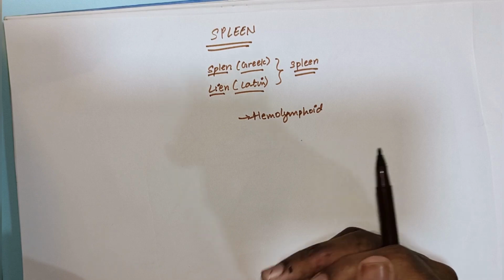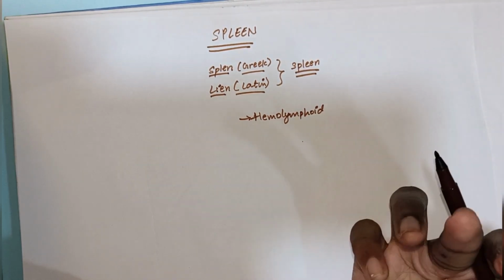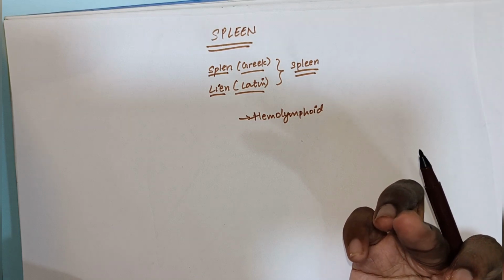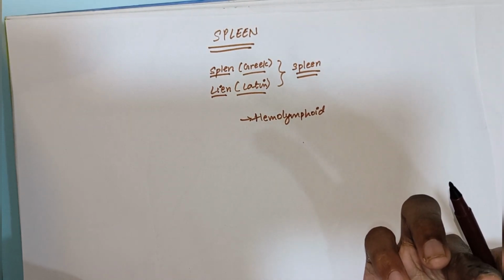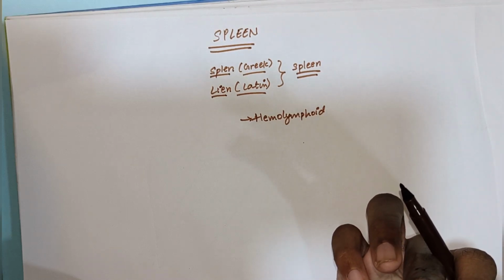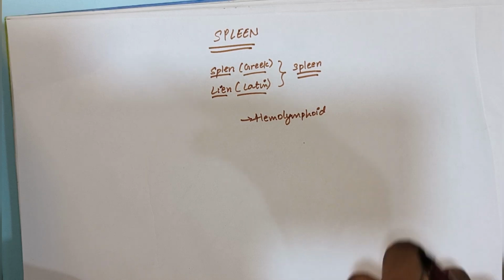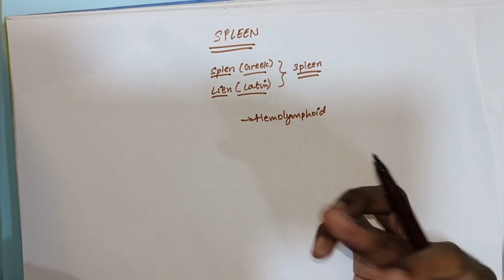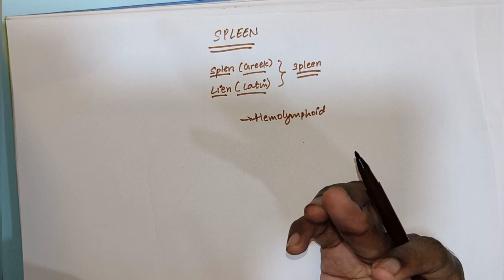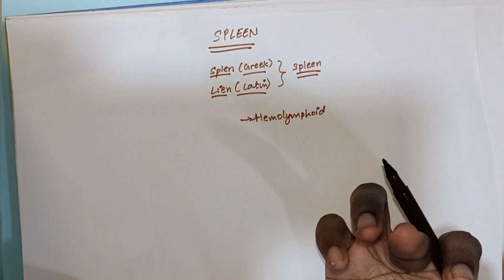Now talking about some general characteristics of spleen, we all must be knowing the functions of spleen. First being to manufacture RBCs in fetal life, and then it also provides immunity to the body by producing IgM, that is immunoglobulin M. Then it helps to store RBCs and releases them into circulation as and when required, and also helps in filtering out blood by destroying worn out and old RBCs.